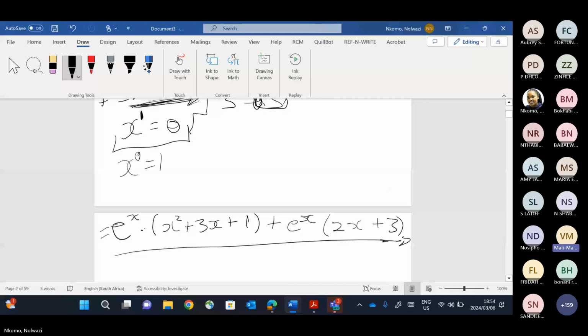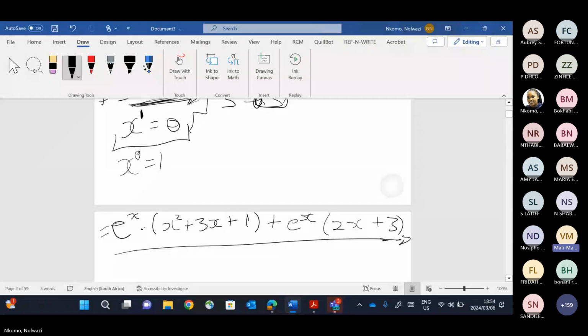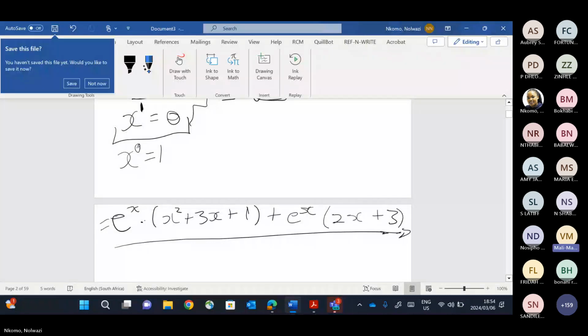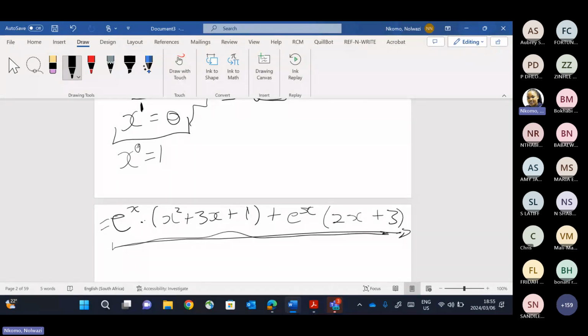Sorry, ma'am. Can I just quickly ask before you move on? So when we get here, there's no need for us to simplify this further. We can stop right there. You can simplify further, but if you see in your multiple choice that one of the options is this one, then you can leave it here. If the options are more simplified, then you can simplify.